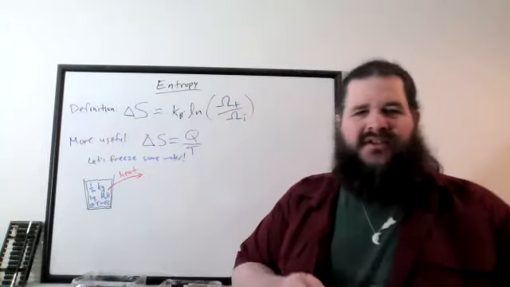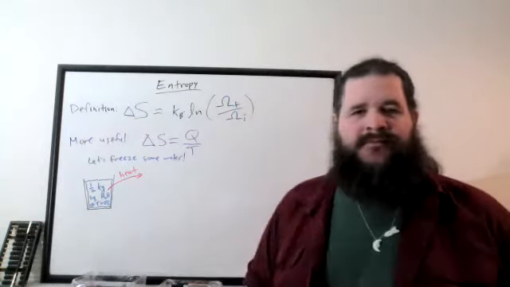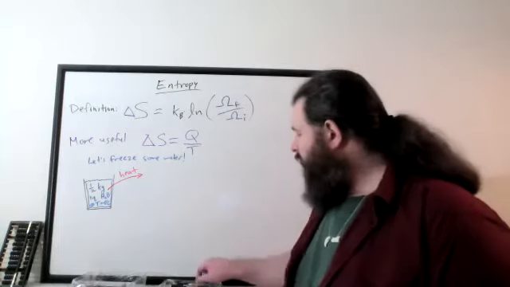Of course, that heat doesn't just vanish. It's got to go somewhere. Where does that heat go to? If you just want heat to leave the water, what's the environment around it, right? Presumably this is surrounded by air.